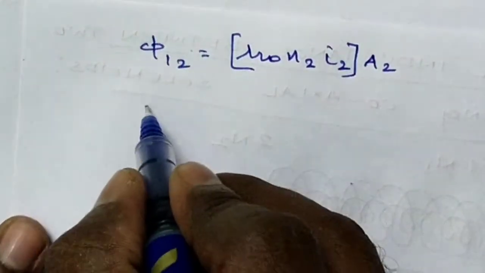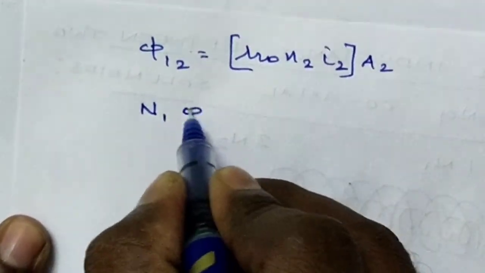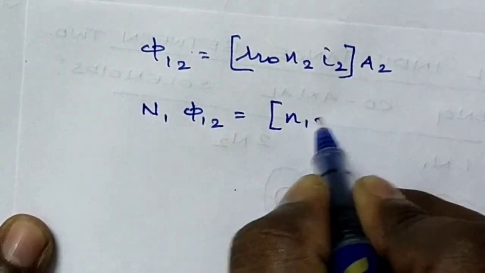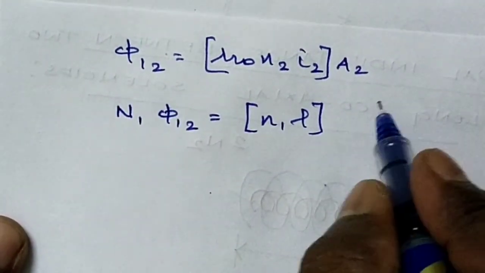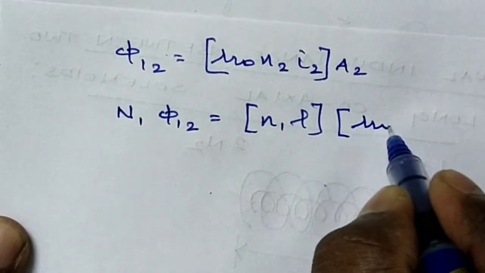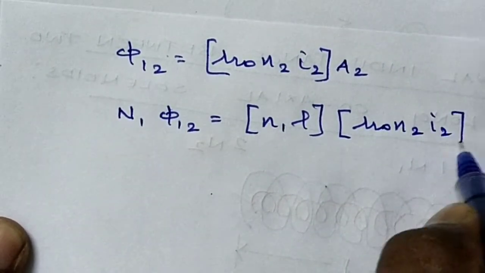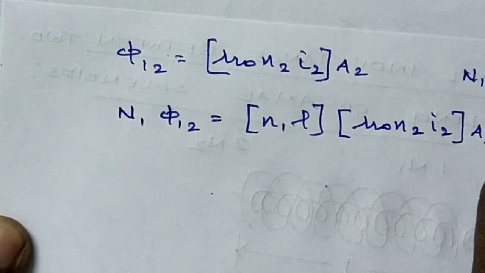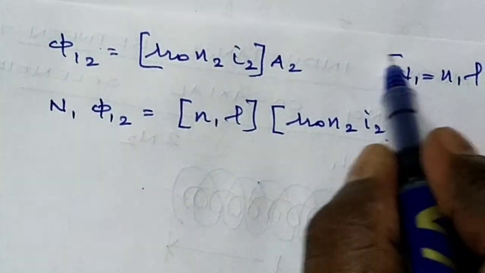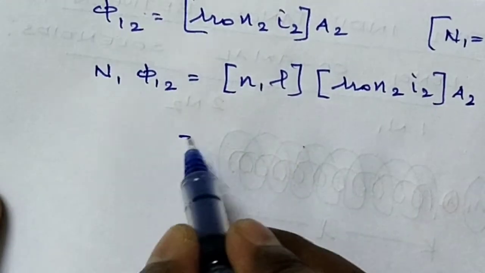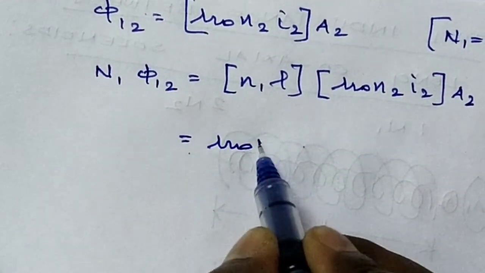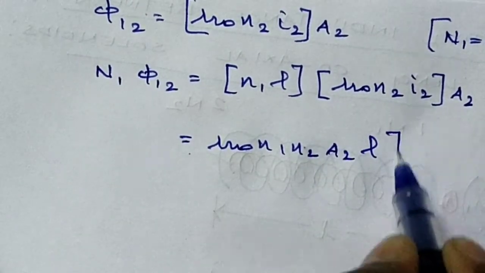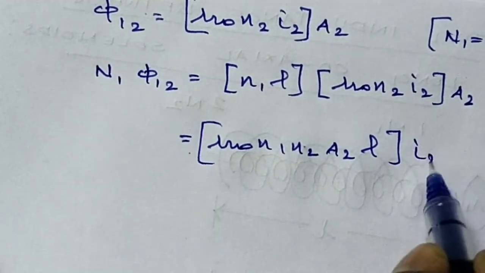Now we can find N1 phi12 equal to, already we know N1 is n1 L, times mu naught n2 I2 A2. So N1 equals n1 L. Now rearranging that equation, mu naught n1 n2 A2 L into I2.